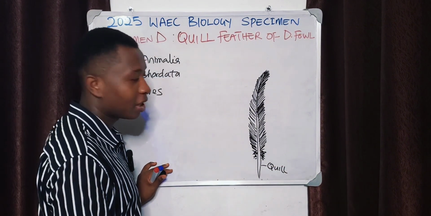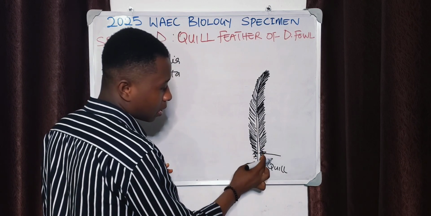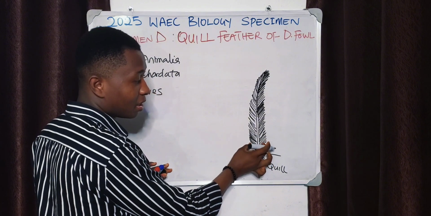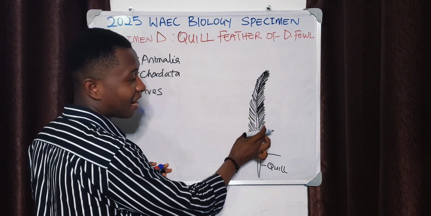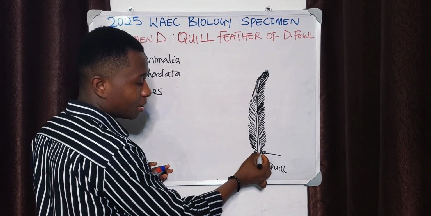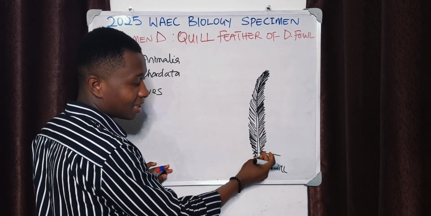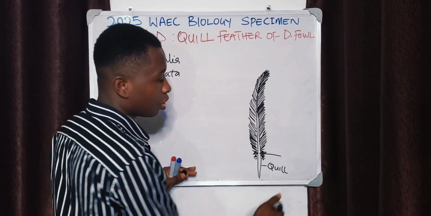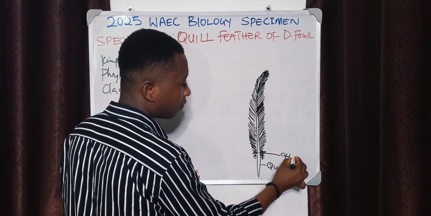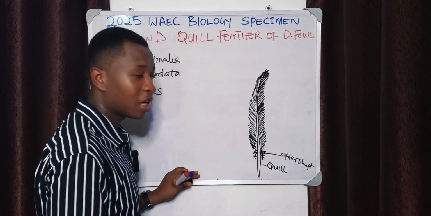Then this part where the scattered hairs, the ones that are not arranged, are attached to is called the after shaft.